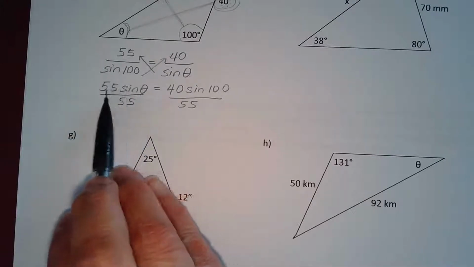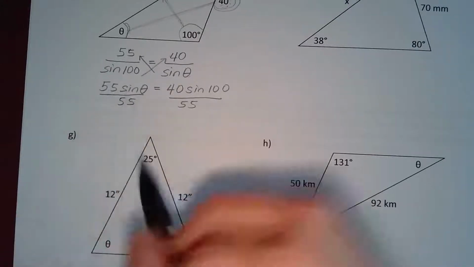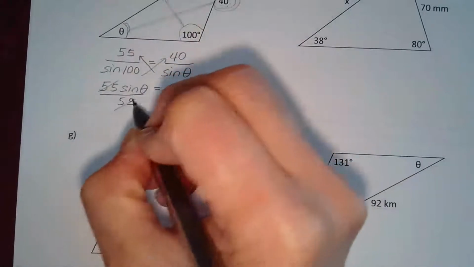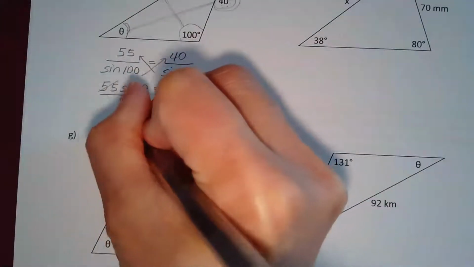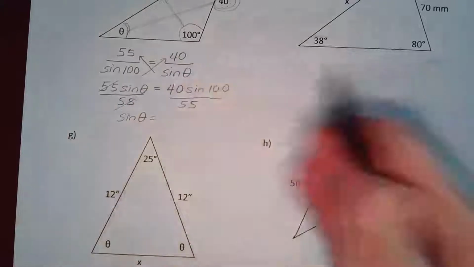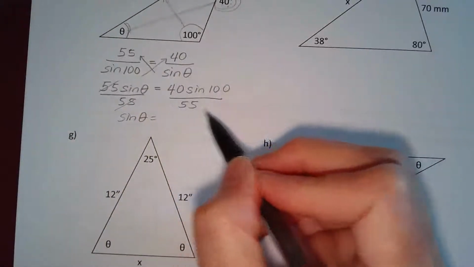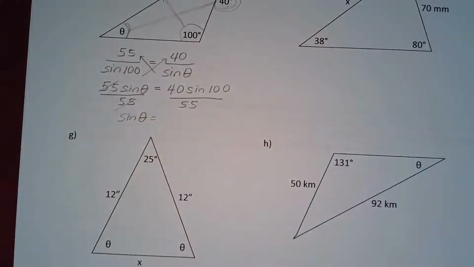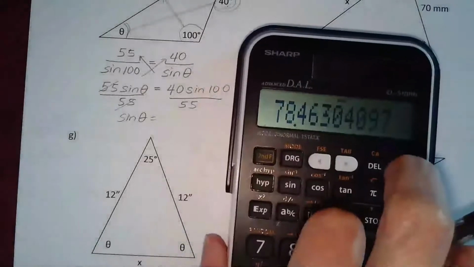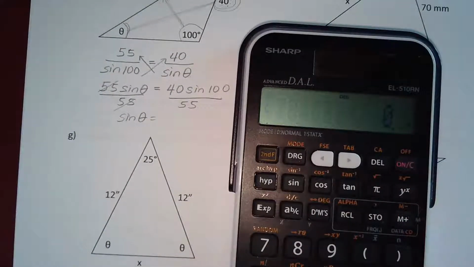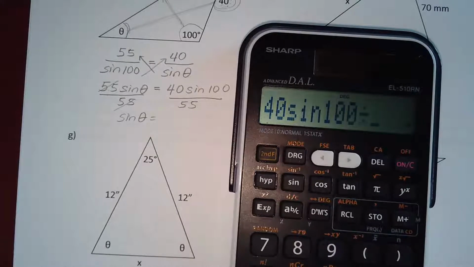What's the opposite of multiply? You have to divide. So that's gone. So sine theta is now equal to all of that. Well, all of that is going to be what? I can figure that out. 40 sine 100 divided by 55.